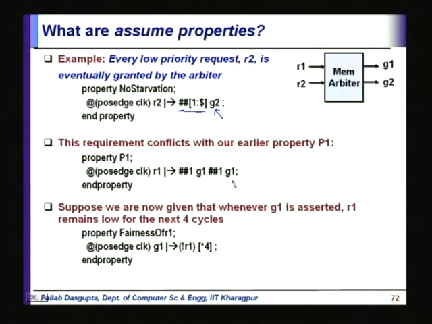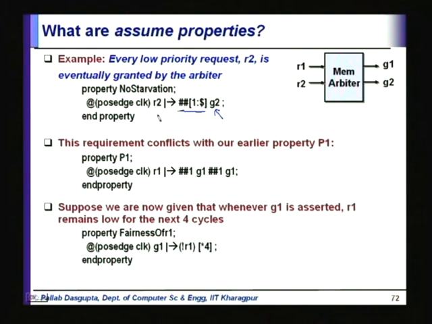But if G1 is high forever, then nowhere in the future can G2 be asserted, because G1 and G2 cannot be asserted together by virtue of the mutex property. So, the three of them cannot be satisfied together.